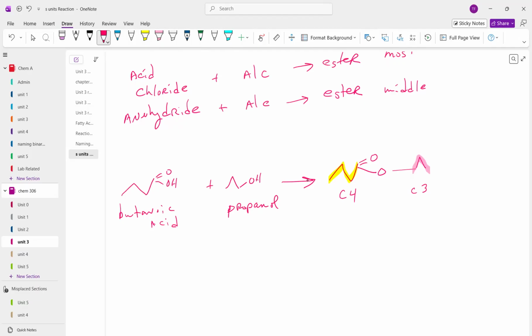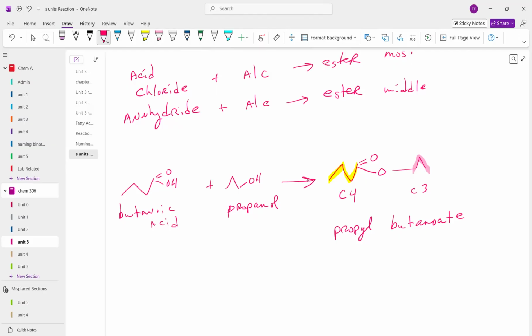Now to name this ester, first you name the alcohol part. So it's going to be propyl. And then it's just like naming a salt: butanoate. Okay, so that's one way to make that ester.